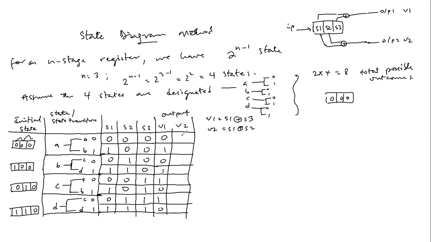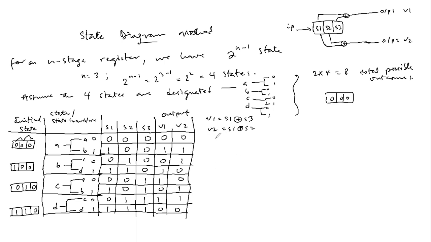Then 0, 1 plus 0, 1 plus 0, 1, 1 plus 1, 0, 0 plus 0, 0, 1 plus 0, 1, 0 plus 1, 1 plus 1, 0. So we have 0, 0, 1, 1, 1, 0, 1, 1, 0, 1, 0, 0, 1, 1, 1, 0, 0. So with this, we can design the state diagram.